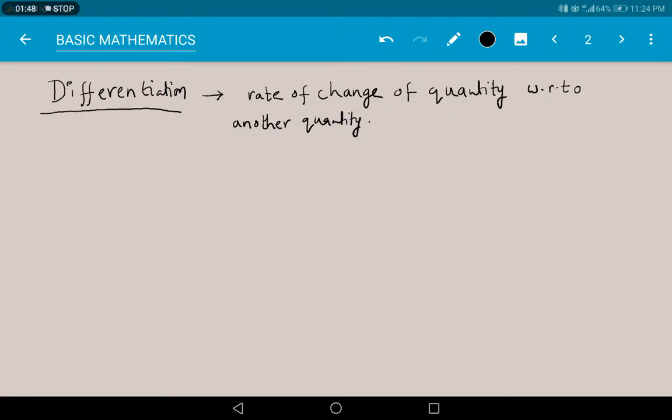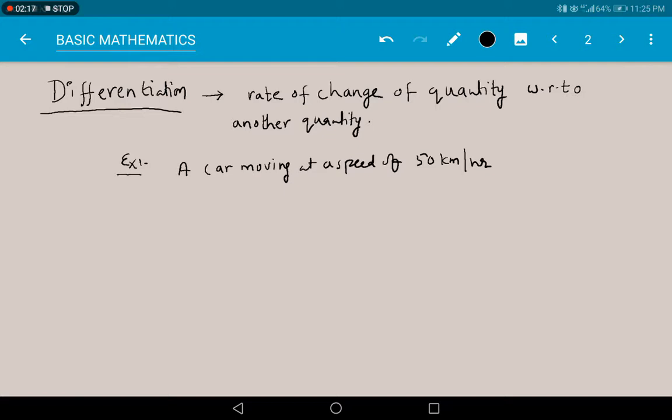So what is meant by this rate of change? Let us take one example here. Suppose a car is moving at a speed of 50 kilometer per hour. What is the meaning of this?